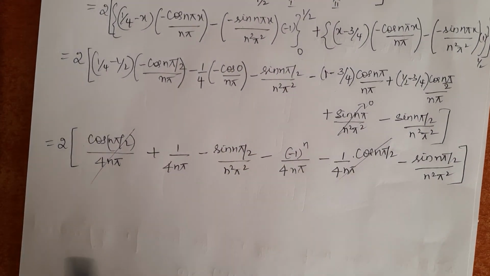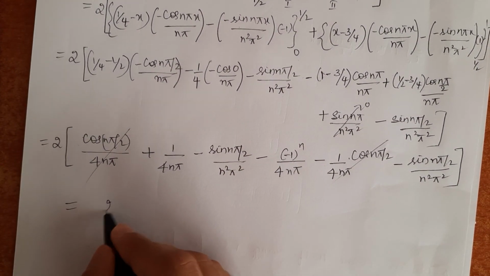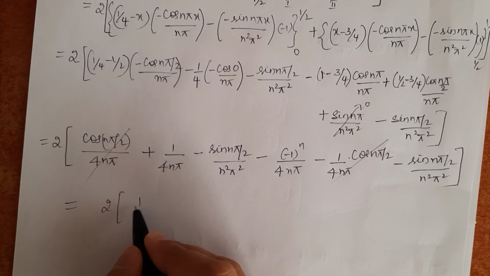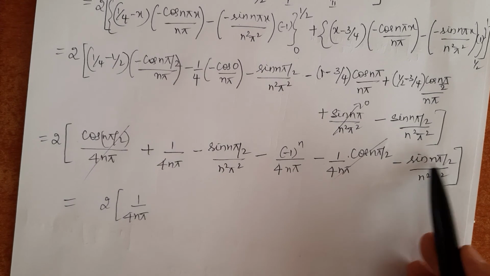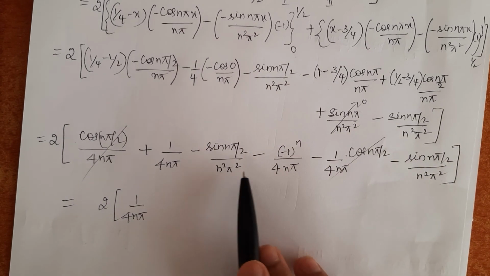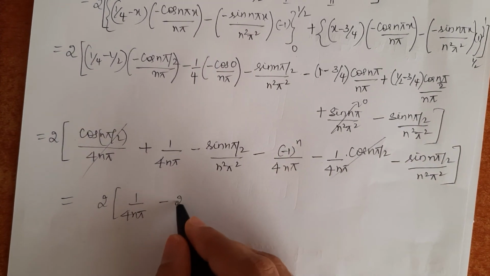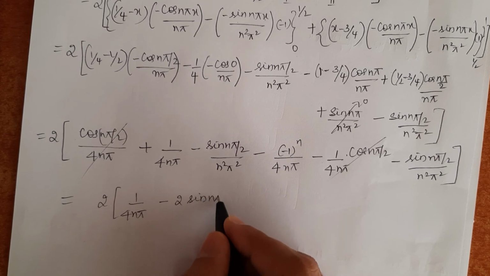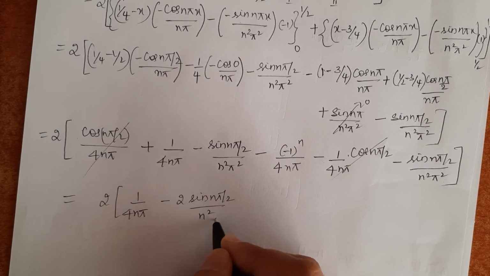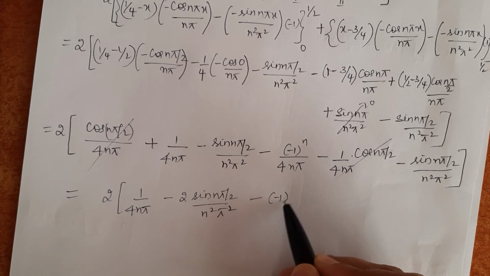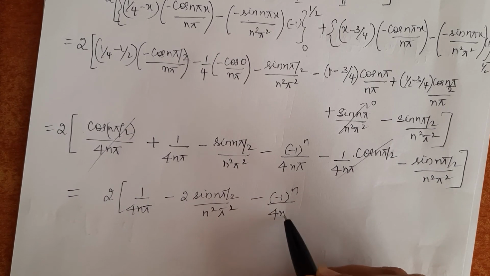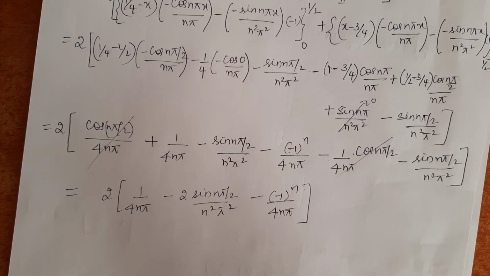Let us combine the remaining terms and simplify. 2 into 1 by 4n pi, minus sine n pi by 2 minus sine n pi by 2 divided by n square pi square is there. So, it is minus 2 times sine n pi by 2 divided by n square pi square, and this term is minus 1 to the power n divided by 4n pi.